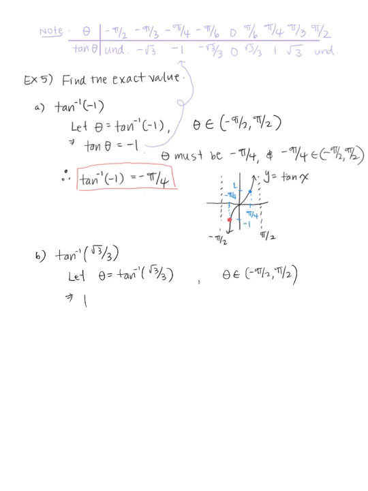So this implies that tan of theta is √3/3. So one way to do it is by using the chart above. Notice that when theta equals +pi/6, our tangent of theta gives √3/3. So that means our theta must be pi/6. And that's going to be our answer.